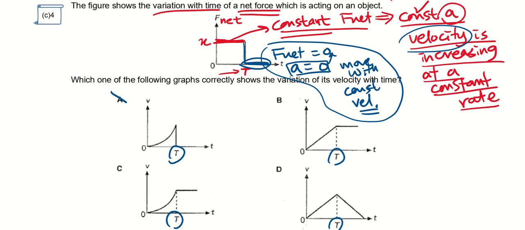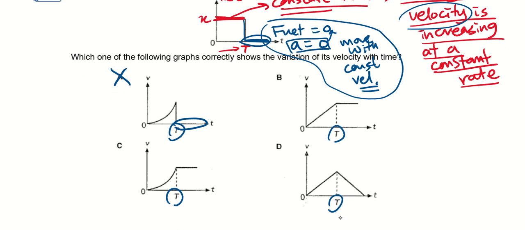So straight away, A is out because it is 0 speed. 0 velocity doesn't mean constant velocity. D is also out, because there is still velocity, and the velocity is decreasing. But I'm looking for constant velocity.